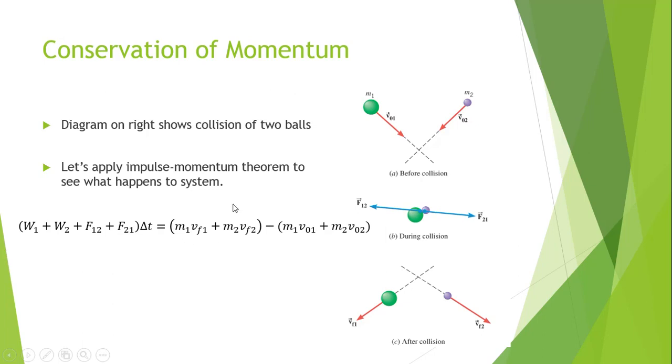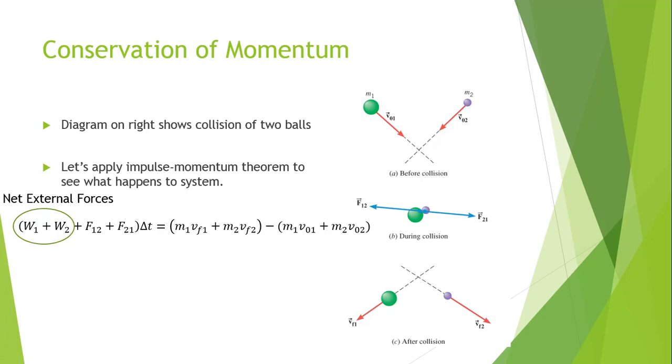Here is the final momentum of both the balls added up, and the initial momentum of both the balls added up. So change in momentum of the system is equal to all the forces acting in the system times the time. So these I'm going to call the net external forces, just W1, W2, whatever forces are happening to M1 and M2 that are not the force of collision between M1 and M2.